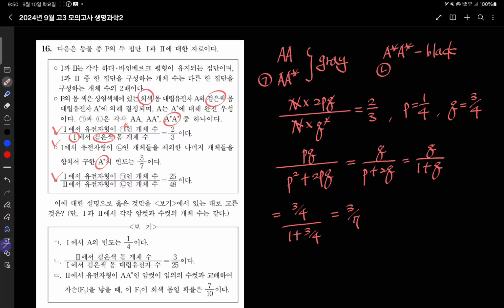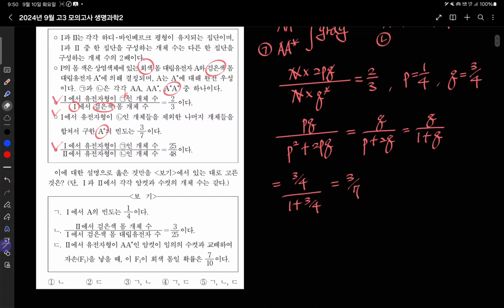And for the third statement, this value is close to 1/2. So it is likely that the second population's size is twice the size of the first population.